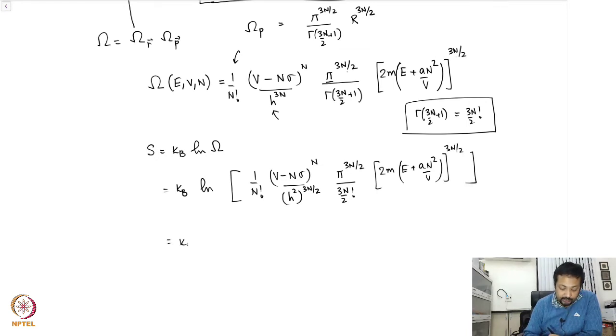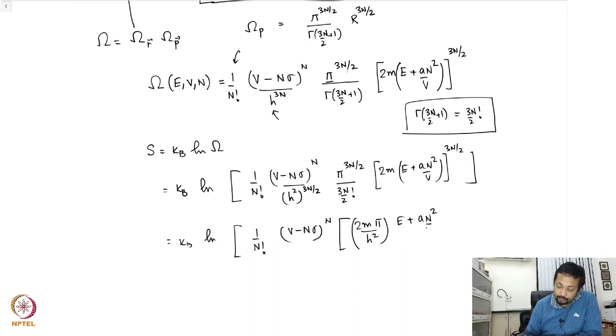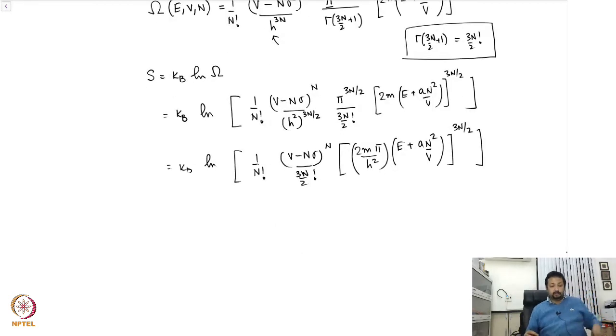So I write this as kB ln 1 over n factorial, V minus n sigma raised to the power n, twice m pi over h square times E plus a n square over V raised to the power 3n by 2, and then I have 3n by 2 factorial.